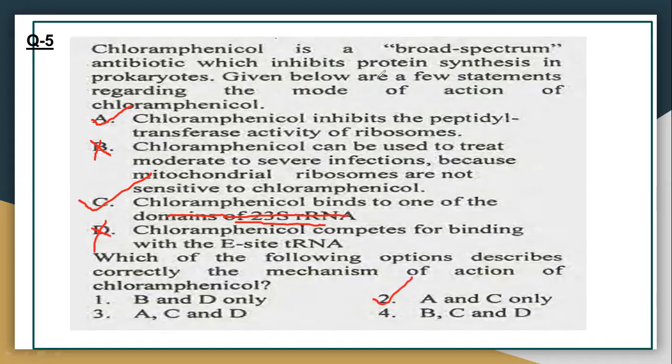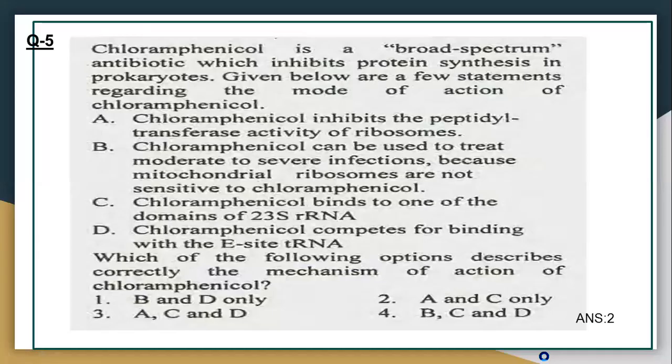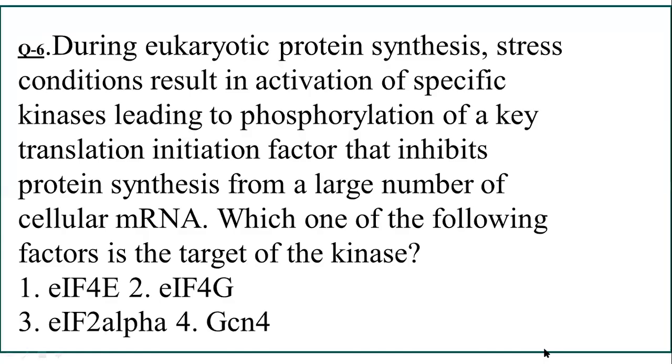So next question. During eukaryotic protein synthesis, stress conditions result in activation of a specific kinase, which leads to phosphorylation of a key translation initiation factor. Basically, what happens during stress conditions?